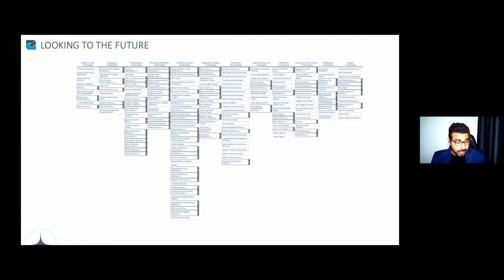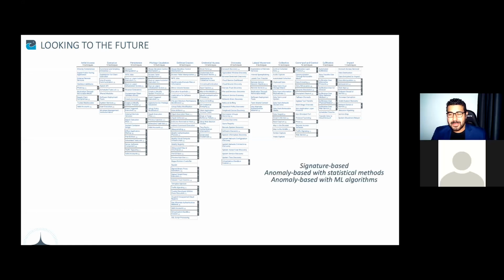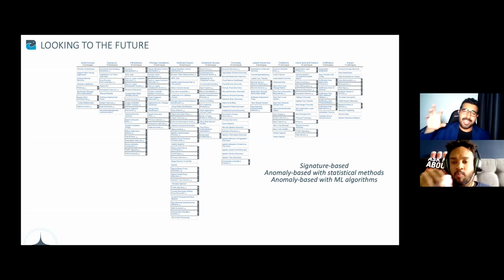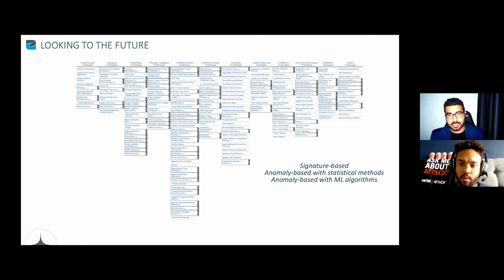Looking to the future and checking my time here, as I'm almost there. Basically, what I'm doing with the academia, with my students, is taking the entire list of MITRE techniques, and we are going one by one and trying to create a signature-based rule using KQL. And then in a second stage, we do the same thing using statistical methods, like Tukey's test.